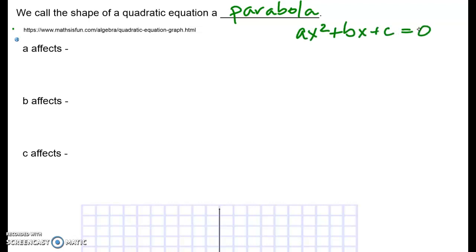So what happens, and this link will help you to find this out, what happens when the a changes from positive to negative, or something huge to something little? What happens with the different numbers for b? And what happens to c? And then we'll fill in the rest of this together.